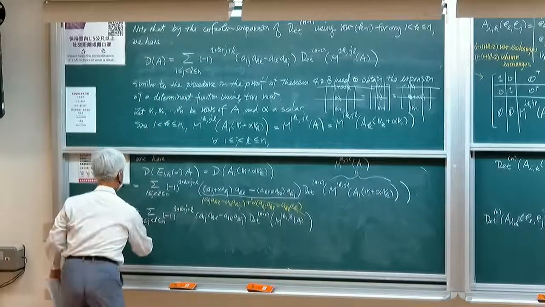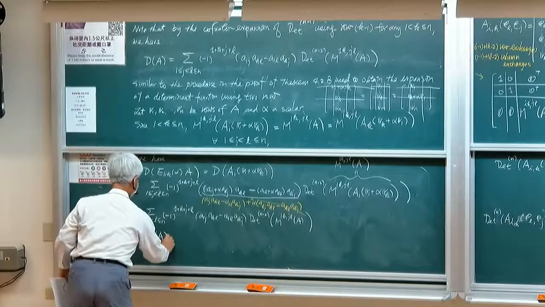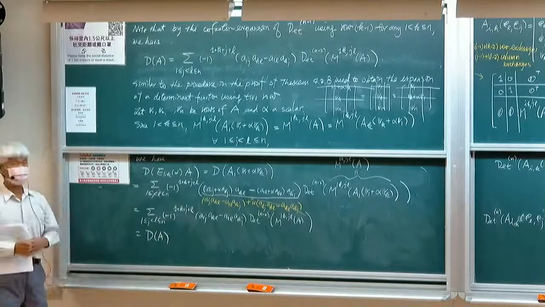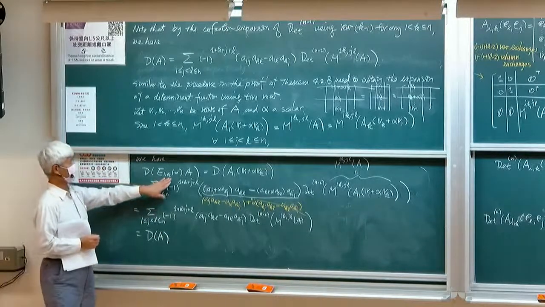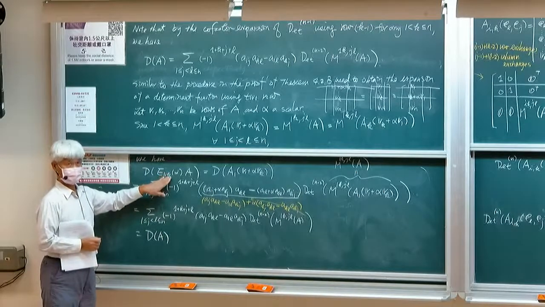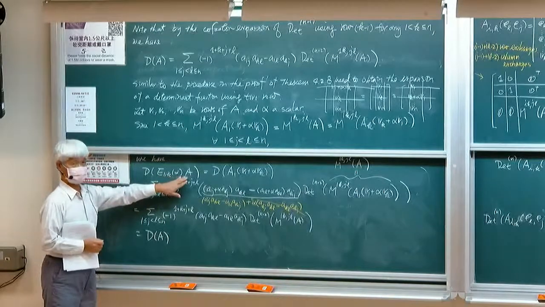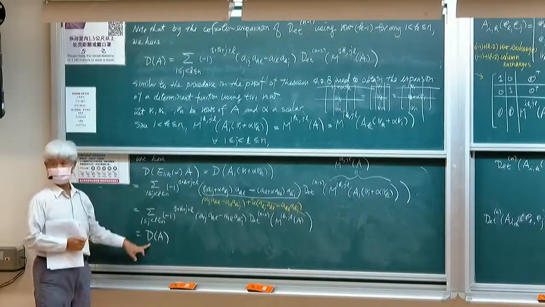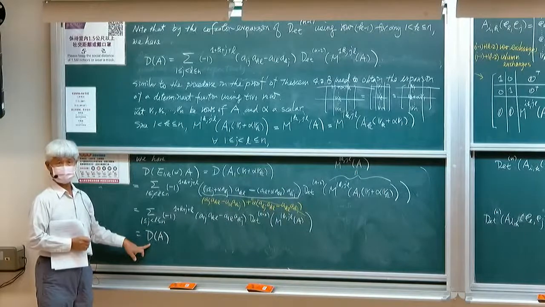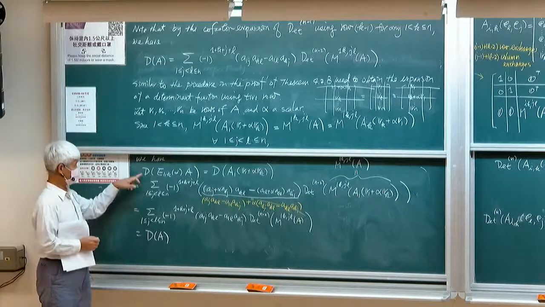So this is D of A. So we prove that if you do this replacement operation on A, you will not change the determinant value. Okay? You will not change it.